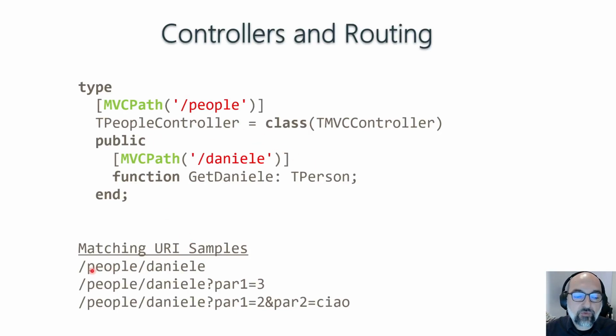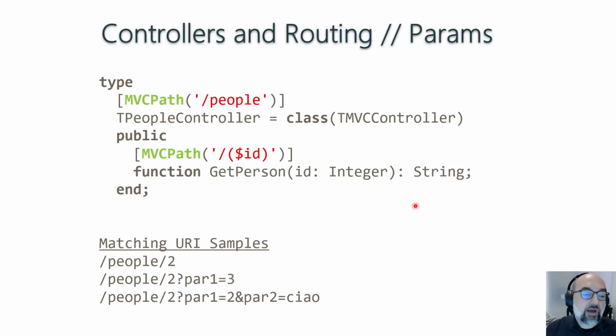So when I write /people/Daniele, I'm actually calling this GetDaniele. But also with this URI and this URI, I'm going to call the same GetDaniele because the routing does not depend on the query string parameters. So when I write people/Daniele, I'm actually calling this GetDaniele. Okay.